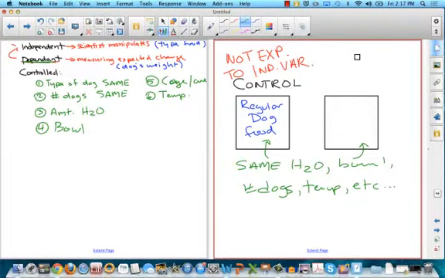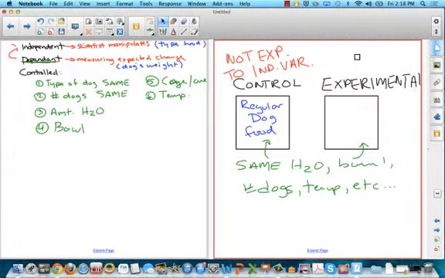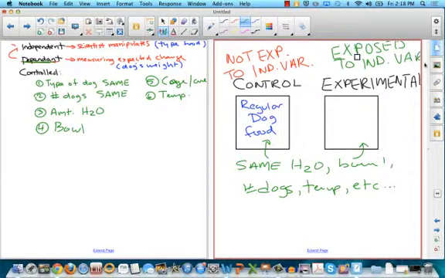That leaves the other group to be known as the experimental group. And the experimental group's job is to be exposed to the independent variable. So they don't get the regular dog food, they get the diet dog food.